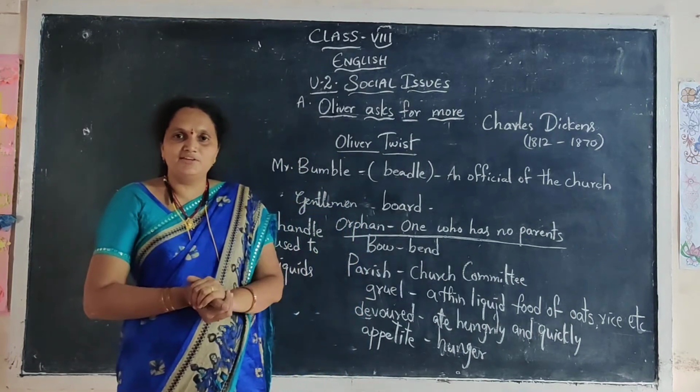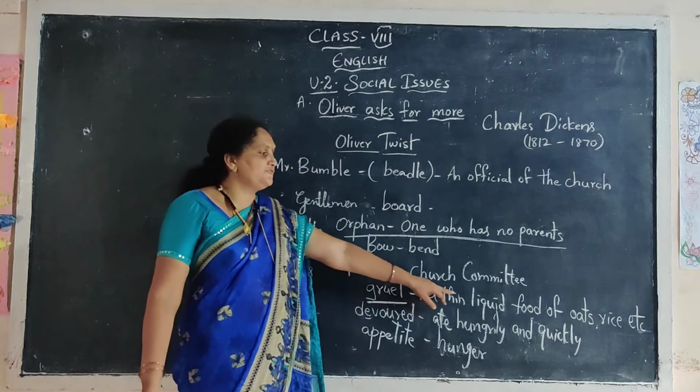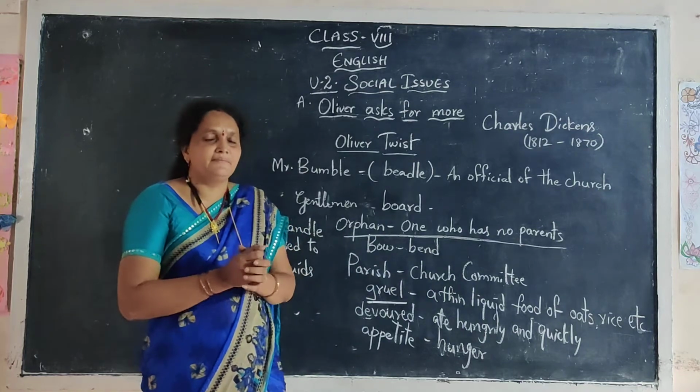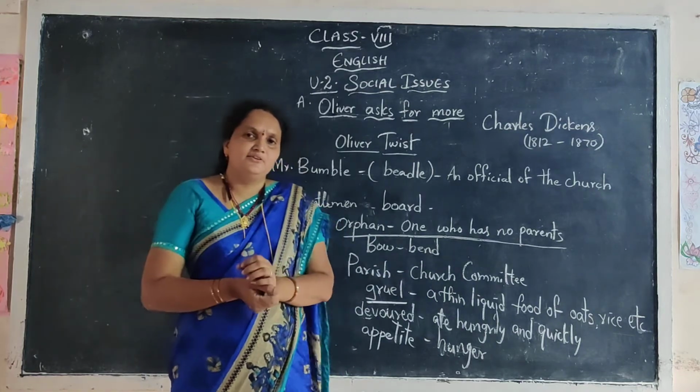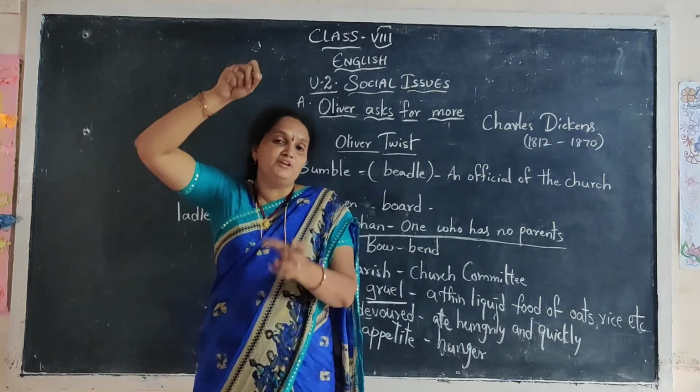So what do they give, you know? Gruel. Gruel means a thin liquid food of oats and rice. A thin liquid, liquid soup.